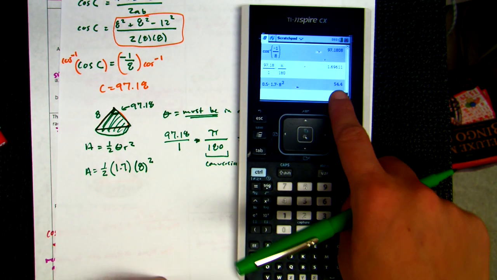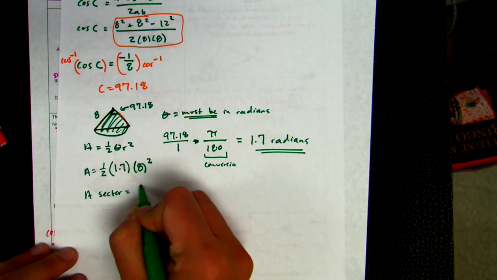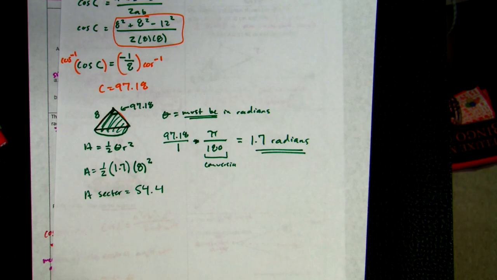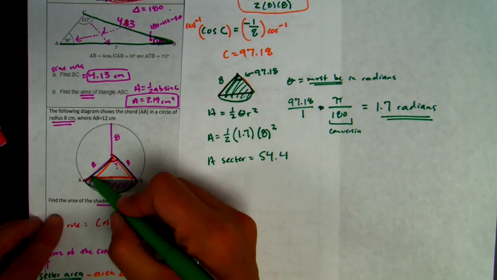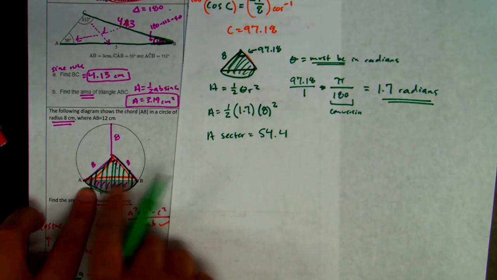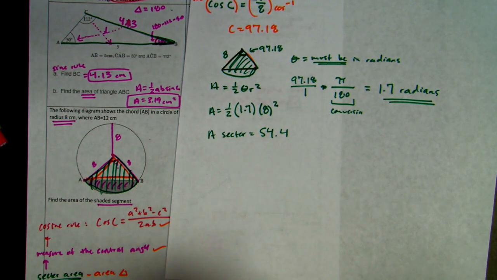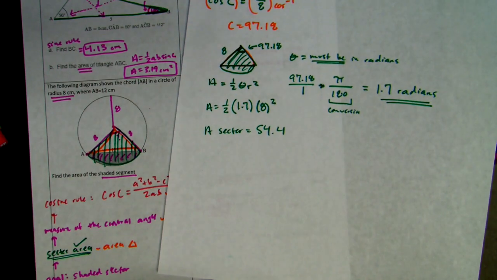That gives me 54.4. So area of the sector is equal to 54.4. I found the area of this entire thing here, but that's not the area of just this shaded sector.